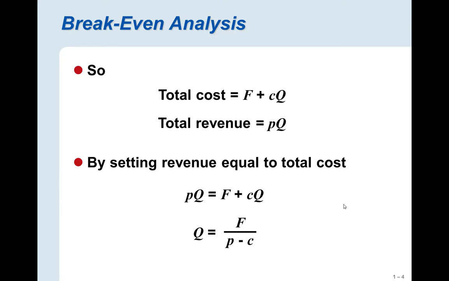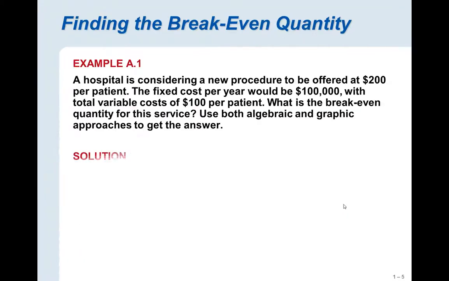Total revenue equals P times Q, where P is the sale price. Total cost includes fixed cost plus variable cost, or F plus C times Q. The break-even point equals F divided by P minus C.